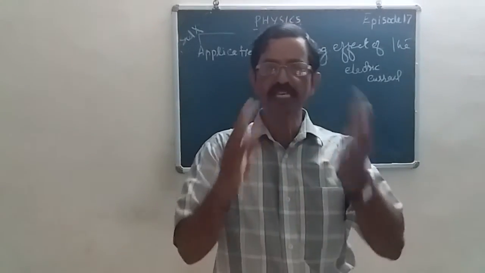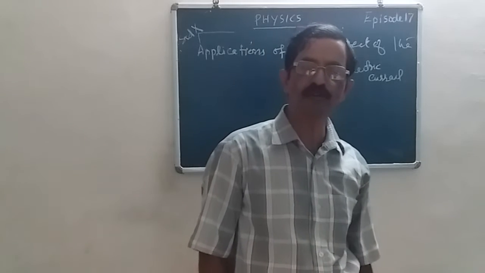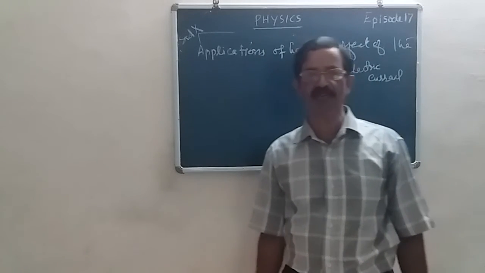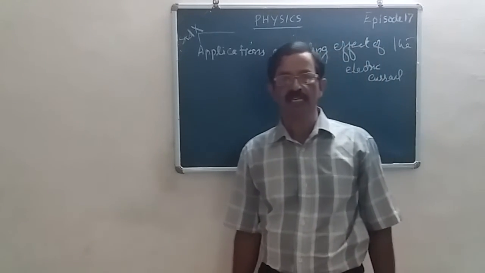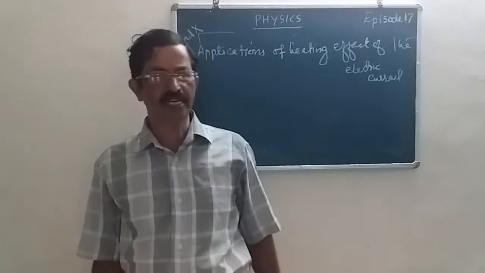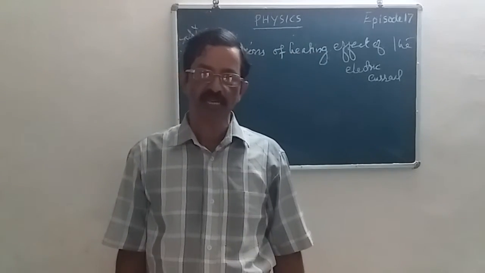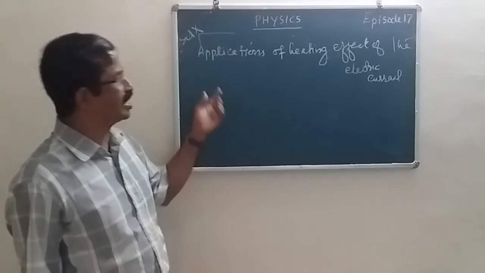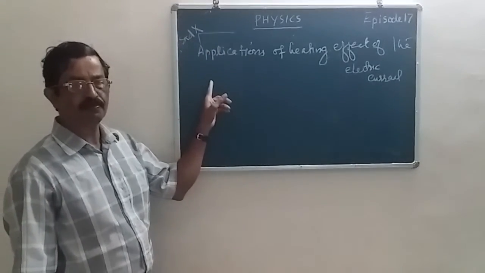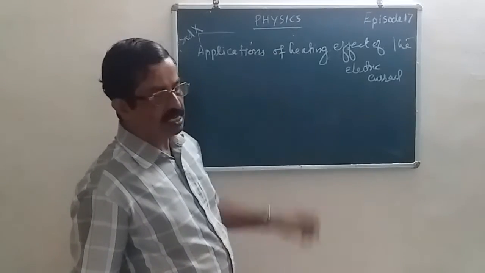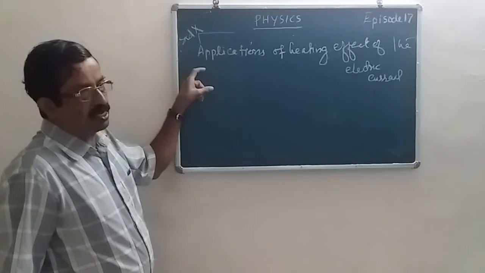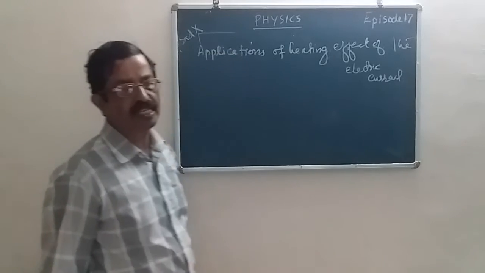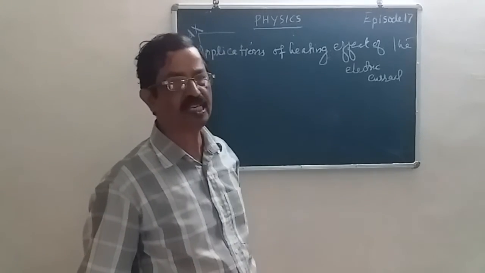But in most cases, that heat is undesirable or not necessary, but we cannot avoid that. For example, when we charge a mobile phone, if we touch the charger, you can see that it is getting heated up, or its temperature is increasing.